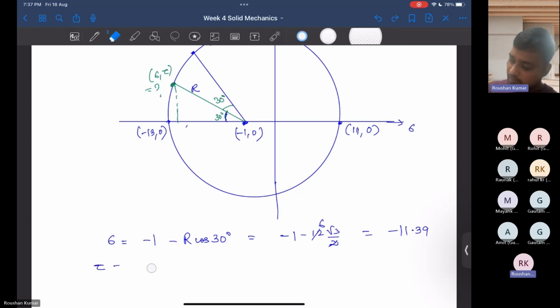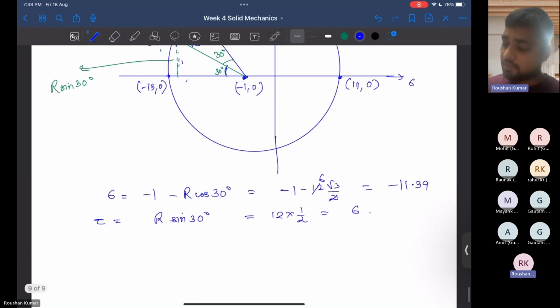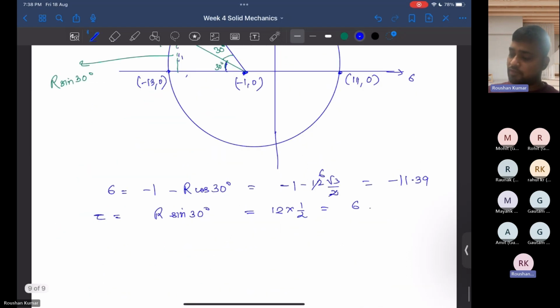It's a simple way, r sin 30, because this is r sin 30. What is r? 12 into 1/2, that is 6 units. So this is part B of the second question.